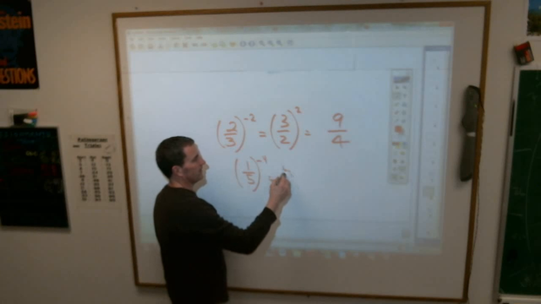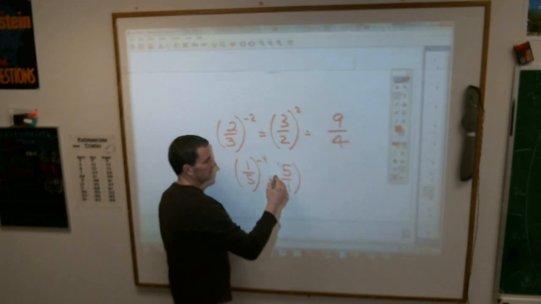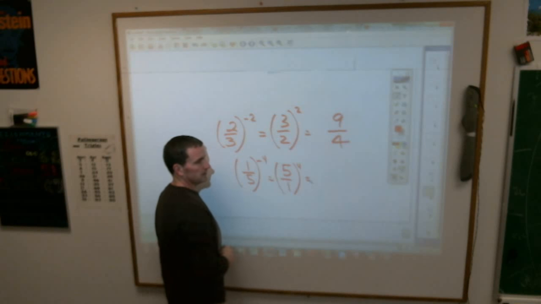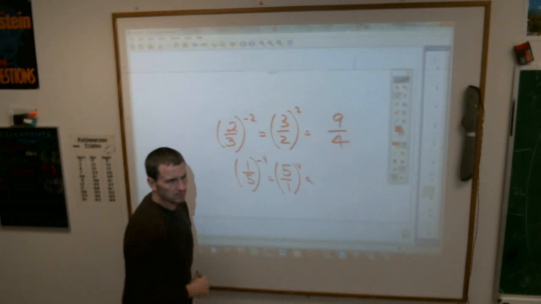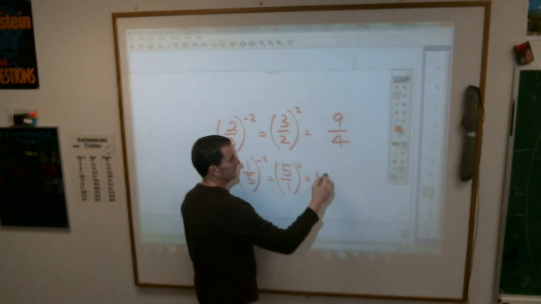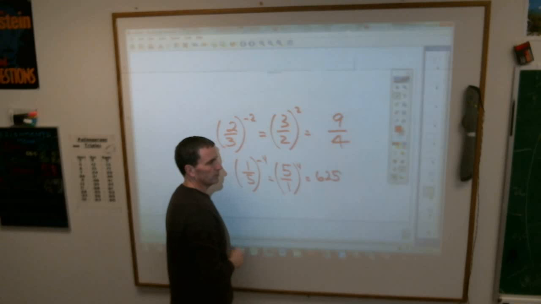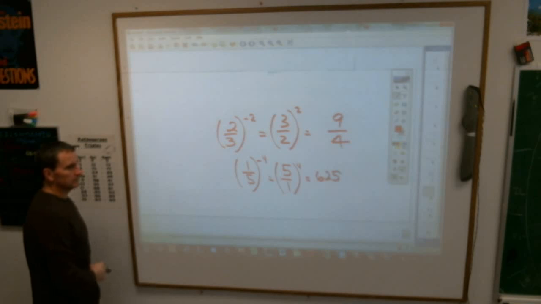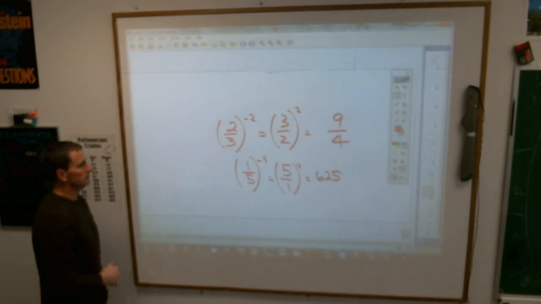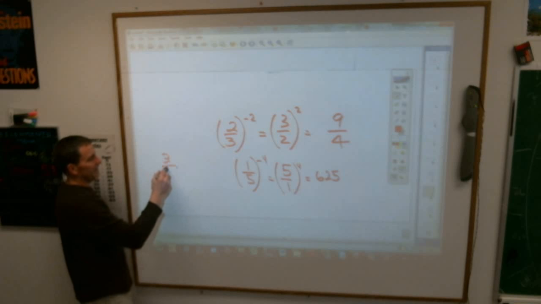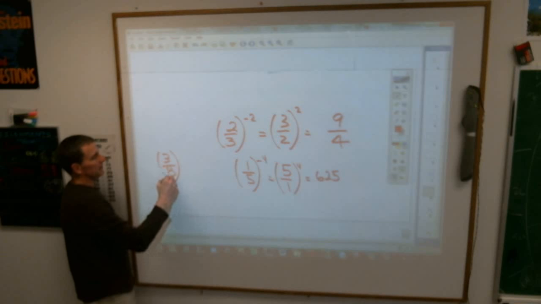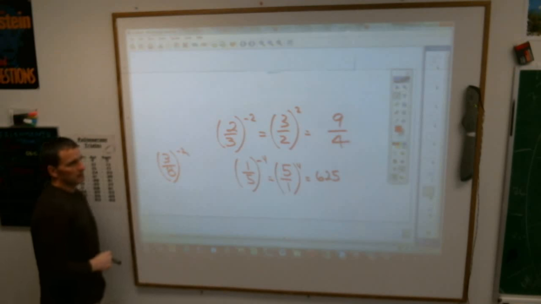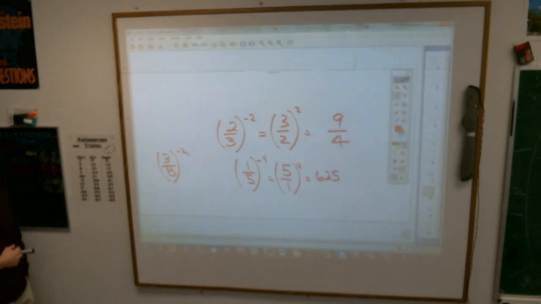It's the same thing as 5/1 to the positive 4th power, which in fact is 25 times 25, which is what? 625, I believe. No, it's not 5 times 4, it's 5 times 5 times 5 times 5.